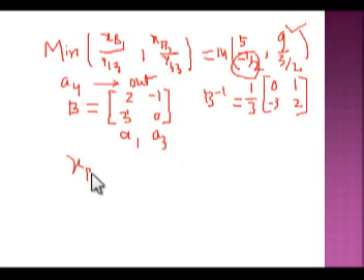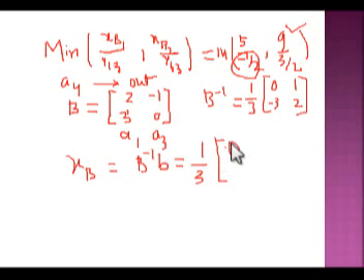Now the solution will be xb equal to b inverse b. If we will put here the values 1 by 3, 0, 1, minus 3, 2, and this will be 10, 10 and 24.